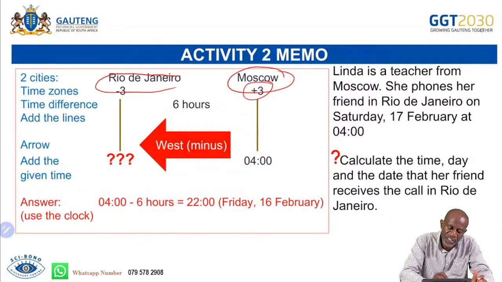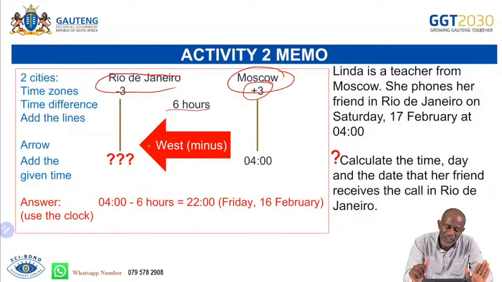So the time difference in hours between the two cities is 6 hours. Then you have to add the lines.